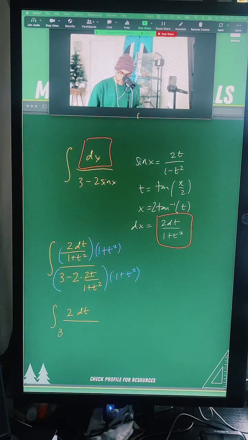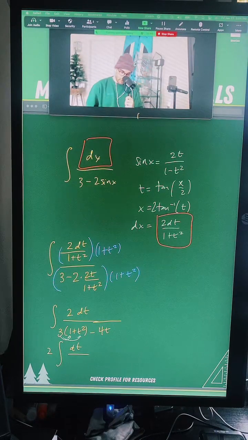This is going to become 3 times 1 plus t squared minus 4t, because the 1 plus t squared on the denominator cancels out. Okay, so let's bring the 2 on the outside, and we have dt over, and let's distribute that 3 in the parentheses. So this is going to become 3t squared minus 4t plus 3.